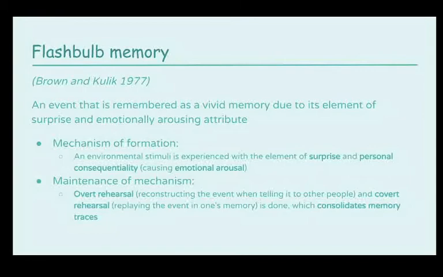It is an event that is remembered as a vivid memory because of the element of surprise and its emotionally arousing attribute. There are two mechanisms when it comes to flashbulb memory, which are the mechanism of formation and the mechanism of maintenance.